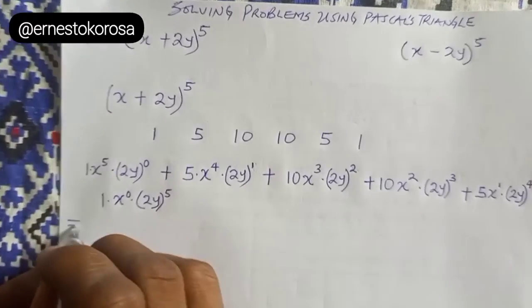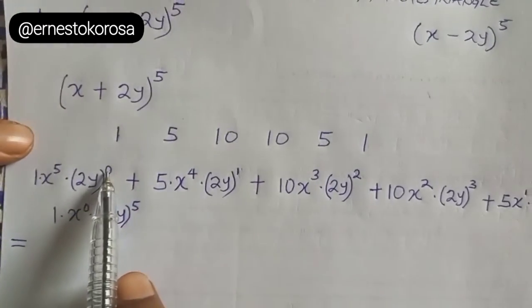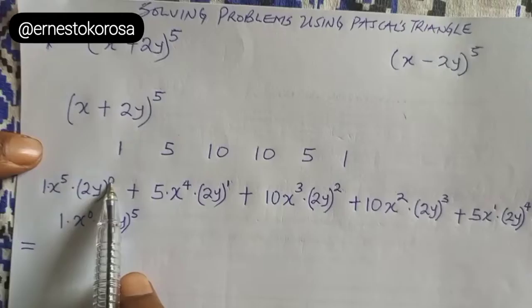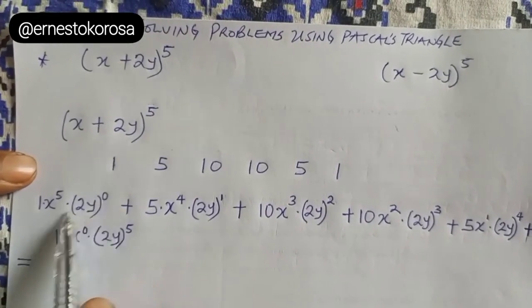Now what does it mean? Recall we said any number raised to power 0 is equal to 1, so everything here cancels to the 1.